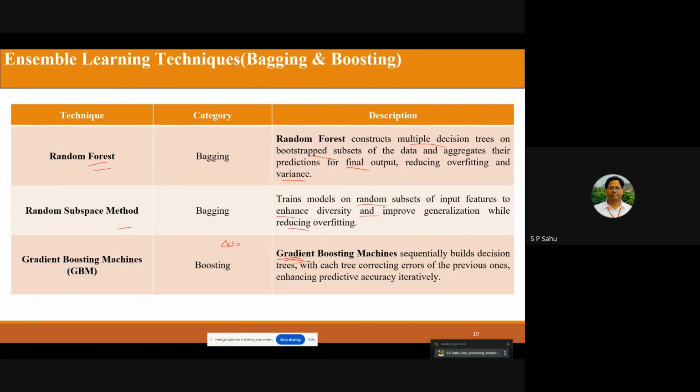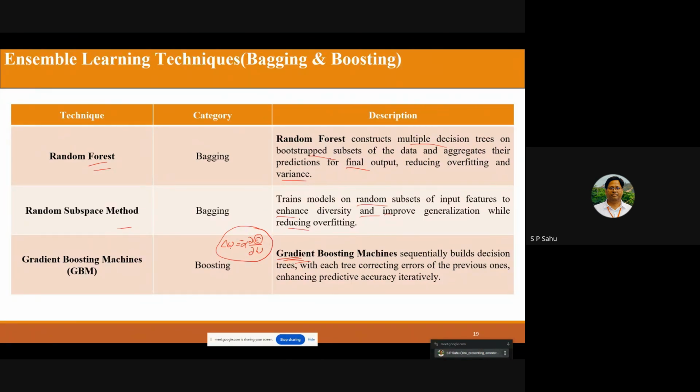Let us say we have some alpha value, a hyperparameter. This is the error, and it has to be minimized, so we take a negative sign: minus alpha times the partial derivative of the error with respect to the change of weight. So this is what is to be extracted.